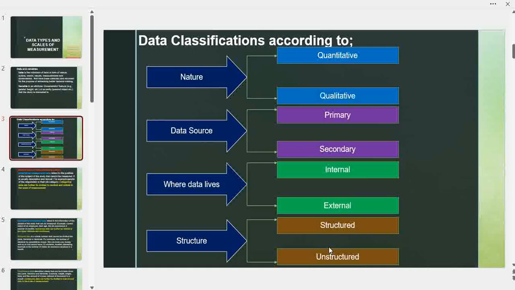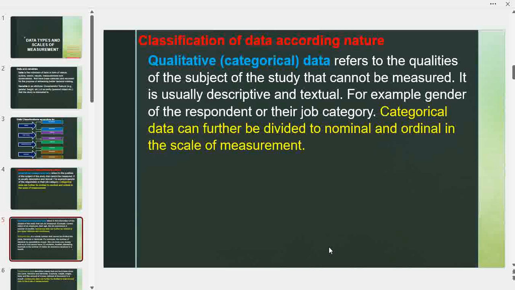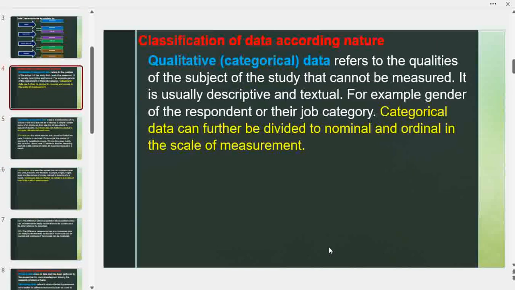In that case, you are dealing with structured data. Unstructured data is the data that has no given structure. For example, videos and audios are still data, but this data is very unstructured. So these are the main classifications of data. You can have the reading below here that we have described.